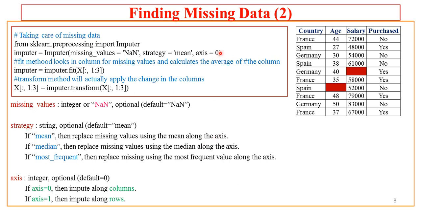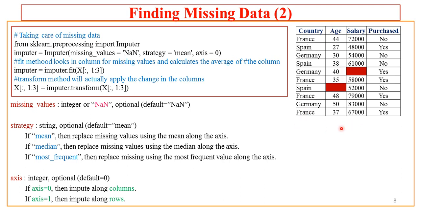Now what is this axis? Axis is basically what thing you are dealing with. Along the x-axis, what do you have? The columns like country, age, salary, purchase. Along the y-axis, what do you have? You have the rows like France, Spain, Germany, all this. So you have axis 0 as the column and axis 1 as the rows.